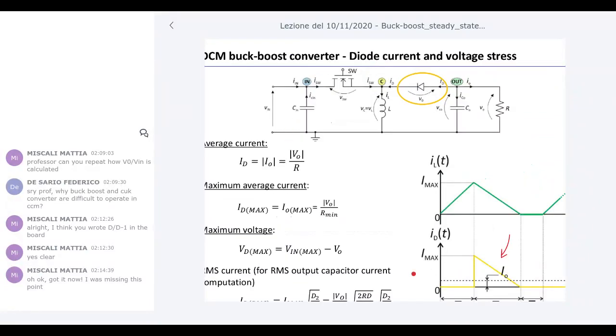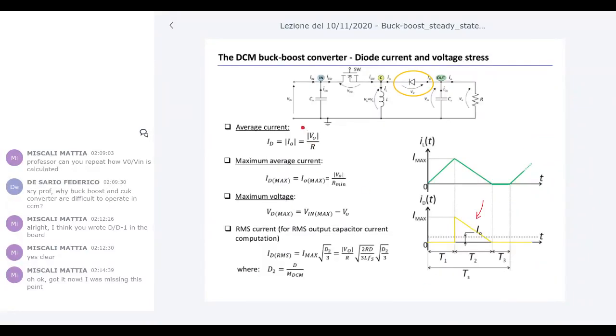This is the reason why in this expression here I put the absolute value of I0, V0 over R, average value. This is the same as what we computed in CCM, of course. The peak value is the same. The maximum value of the I0 current depends on the minimum resistance that you can have.